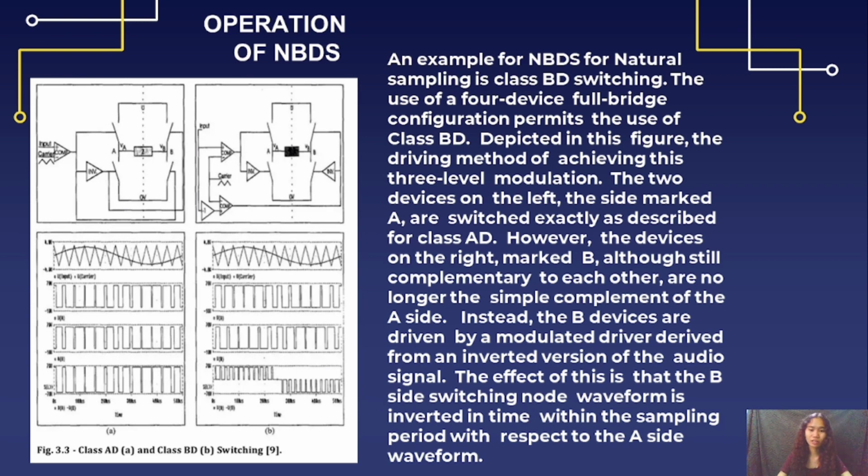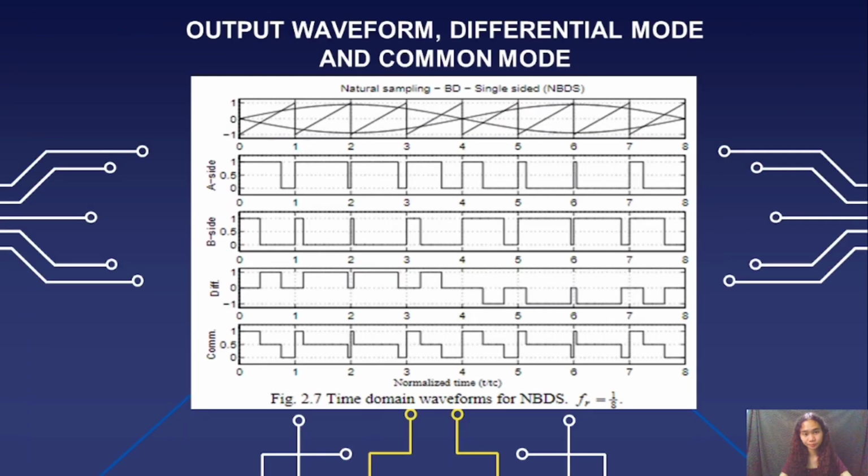However, the devices on the right, marked BD, although still complementary to each other, are no longer the simple complement of the A side. Instead, the B devices are driven by a modulated driver derived from an inverted version of the audio signal. The effect of this is that the B side switching node waveform is inverted in time within the sampling period with respect to the A side waveform.